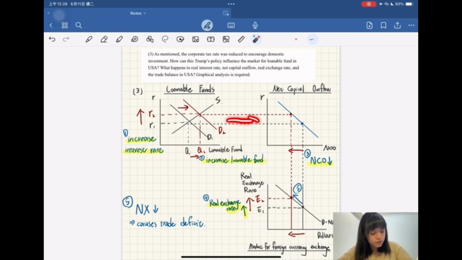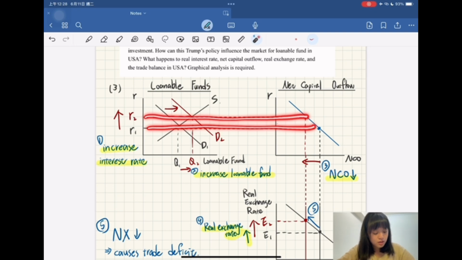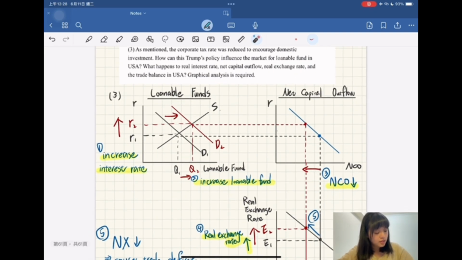And we can move to the net capital outflow graph. Because of the higher interest rates, we can see that the vertical axis is the interest rate and the horizontal axis is the net capital outflow. Because of the rate increase, the amount of NCO decreases from here to here.